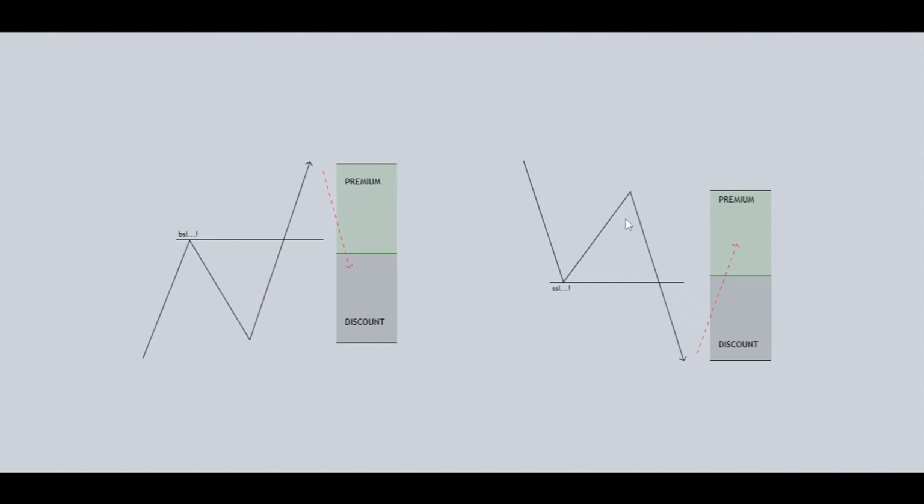So the market will tell you if it is respecting those PD arrays or not. If you don't see those patterns that I will show you in the next slide, don't buy here. Same thing here. If you don't see the patterns that I'll show you in the next slide here, don't try to sell. Simple as that. So let's move to the next slide, and then I'll show you the patterns that I'm talking about.